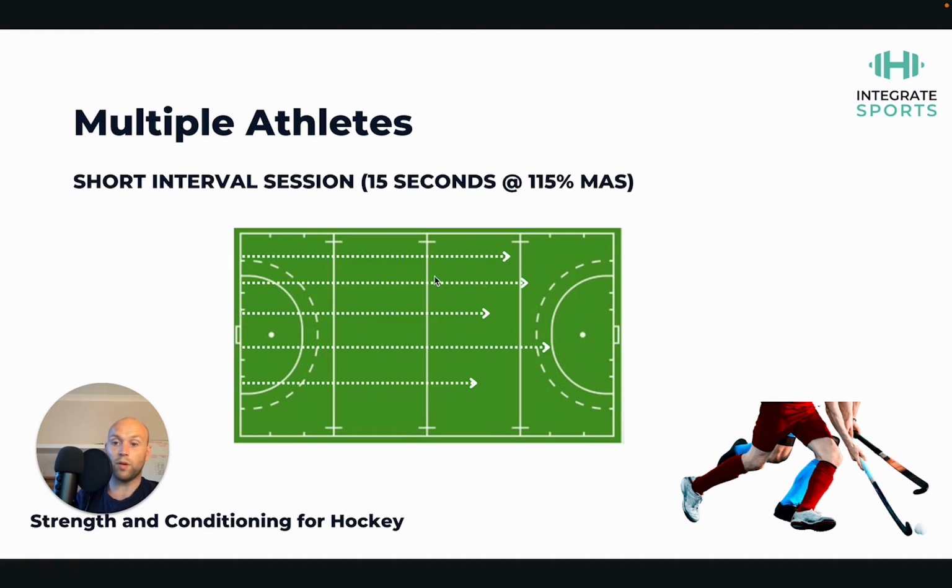When the whistle then blew on 15 seconds, their aim would be to have achieved that distance in that time. They then probably walk a little distance and back for 15 seconds, the whistle would go again, and then they'd repeat all the way back to the start line from their start, going different distances. Because they've all got different mass scores, they also have different prescriptions, and that just means that everything is equitable in terms of the prescription.